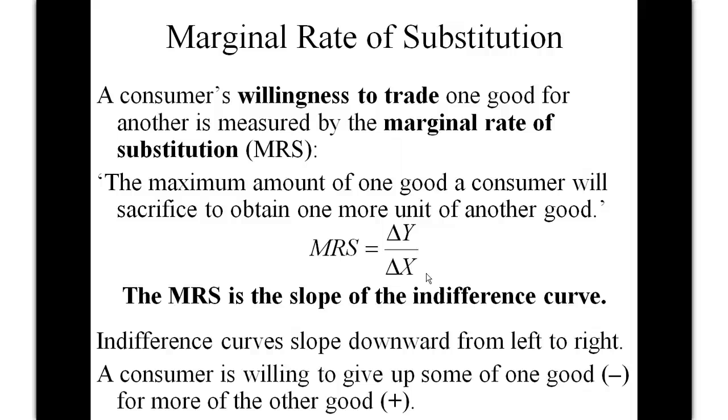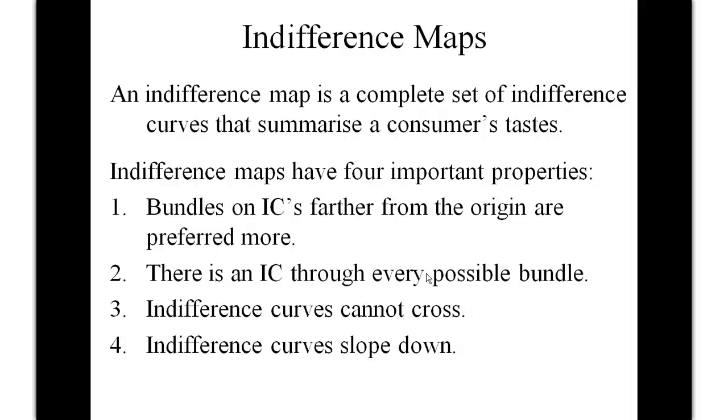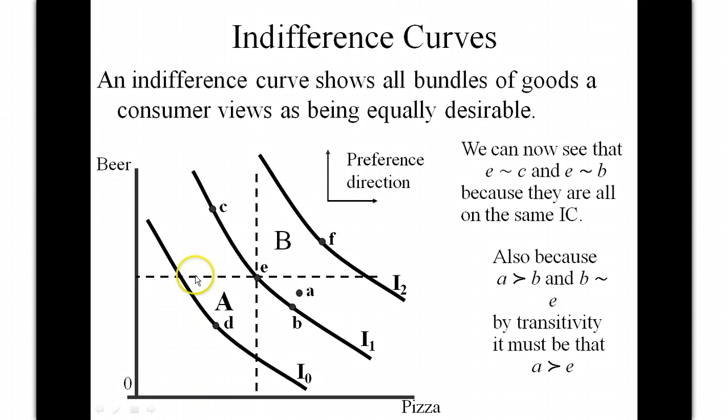How quickly must one good rise or fall to keep your utility constant? If you're not willing to accept that, your utility might not change very much at all. So the slope of the indifference curve reflects the consumer's willingness to change, to go from E to C. How much beer must they get extra, and how much pizza must they lose, so the utility holds constant.